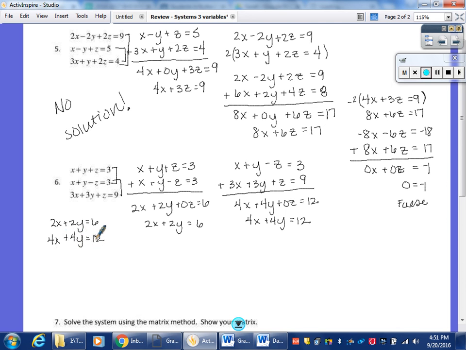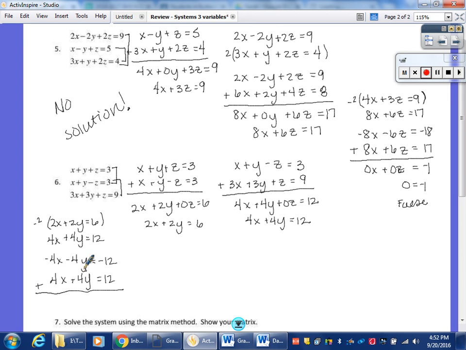If I want to eliminate, let's say x, we've got to multiply the top equation by negative 2. It's negative 4x minus 4y is equal to negative 12, and 4x plus 4y is equal to positive 12. And uh-oh, what happens here?